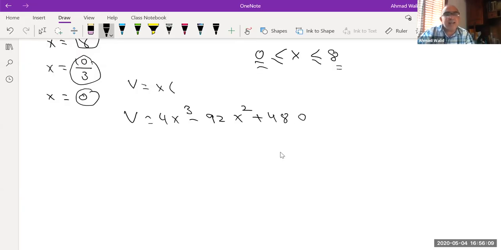Go ahead, please plug in 8, 10 over 3, and 0, and give me some values. If you have a calculator, it's easy. If you don't have a calculator, it's kind of difficult to calculate by hand.